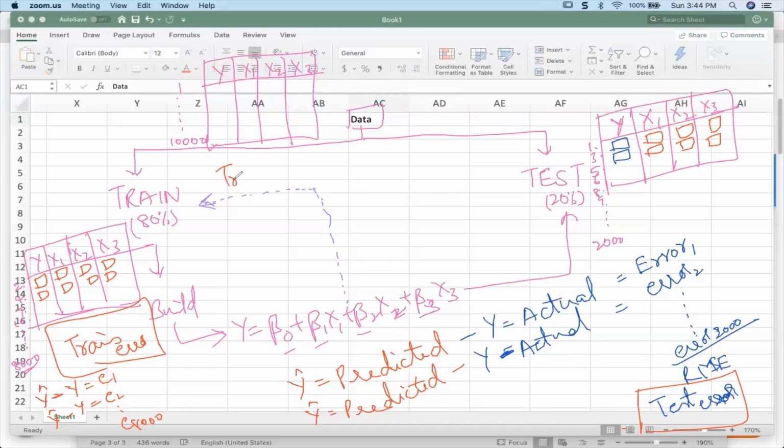If both training and test error are small and close to each other, it is called right fit.